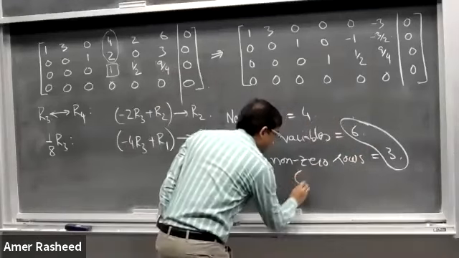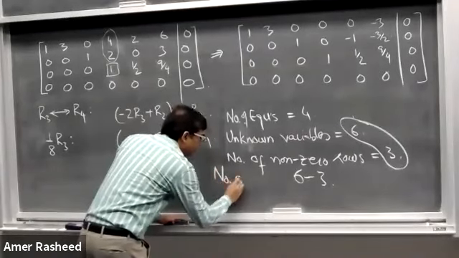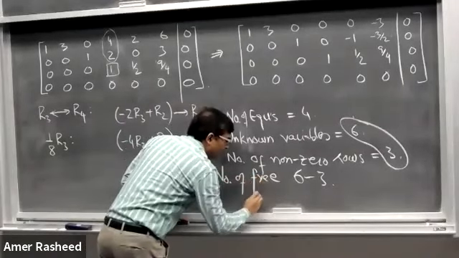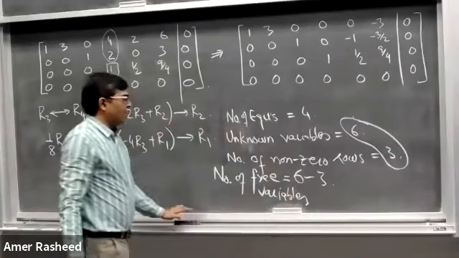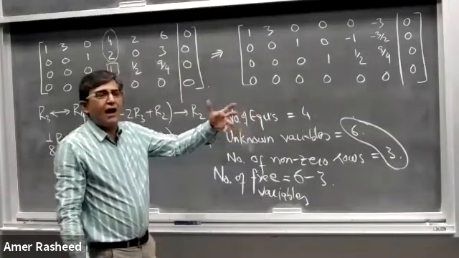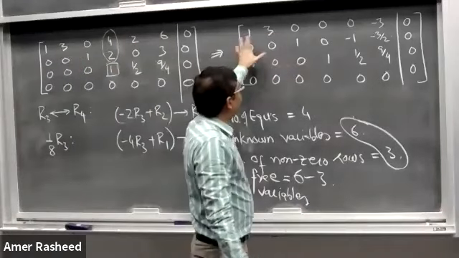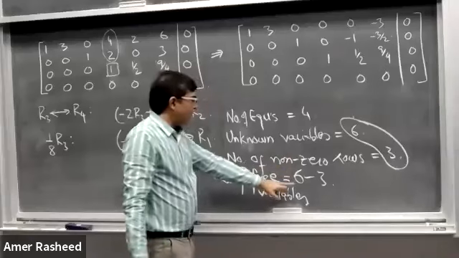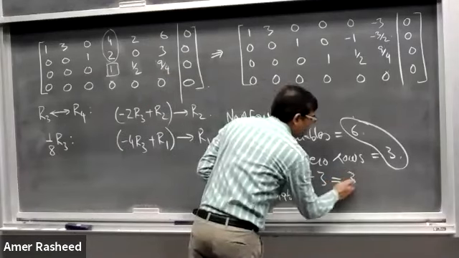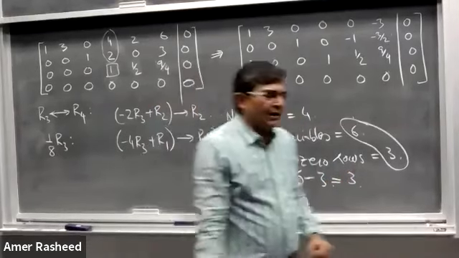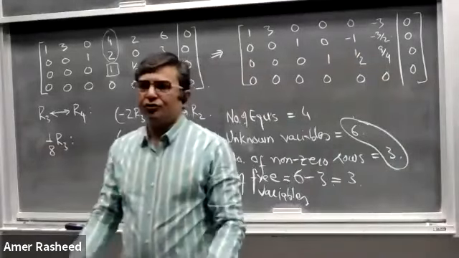If you take the difference, this is the number of free variables you have to introduce. This is always the case. If you take the difference, which is 3, so you have to set 3 free variables in order to get the general solution.